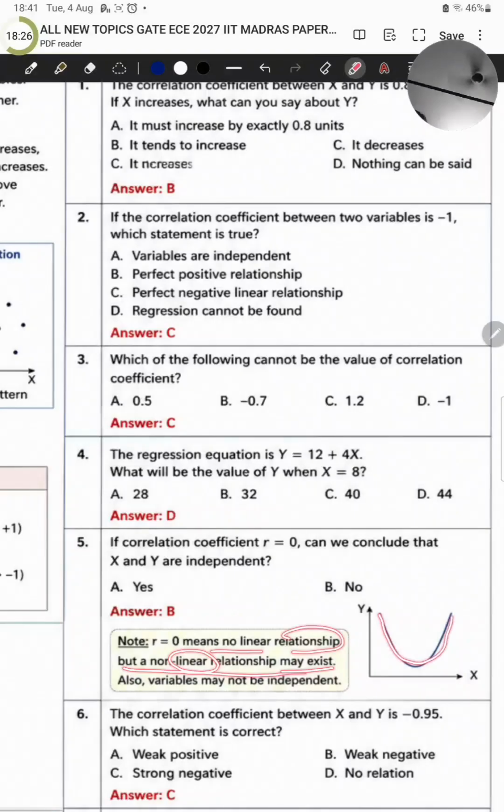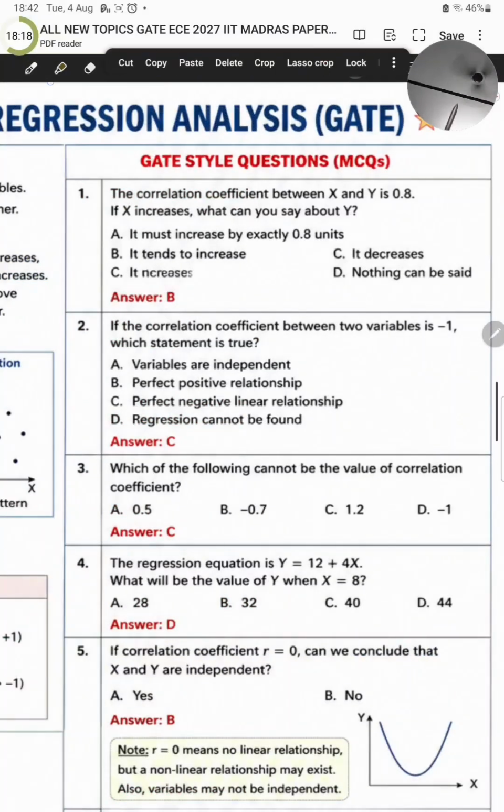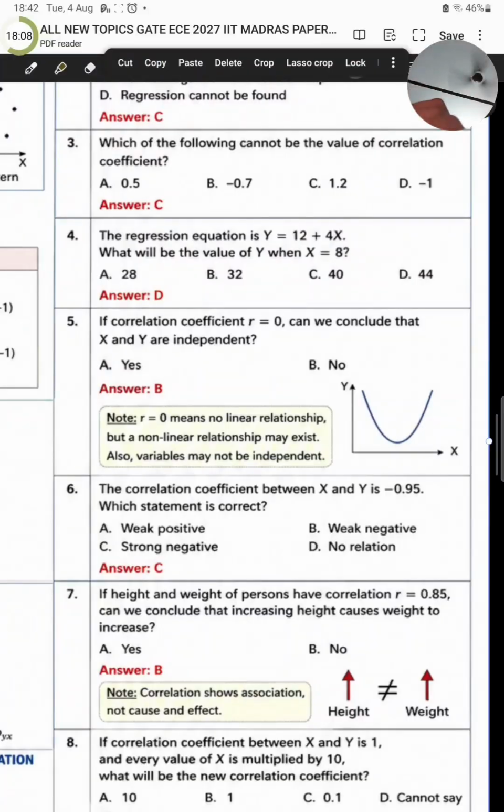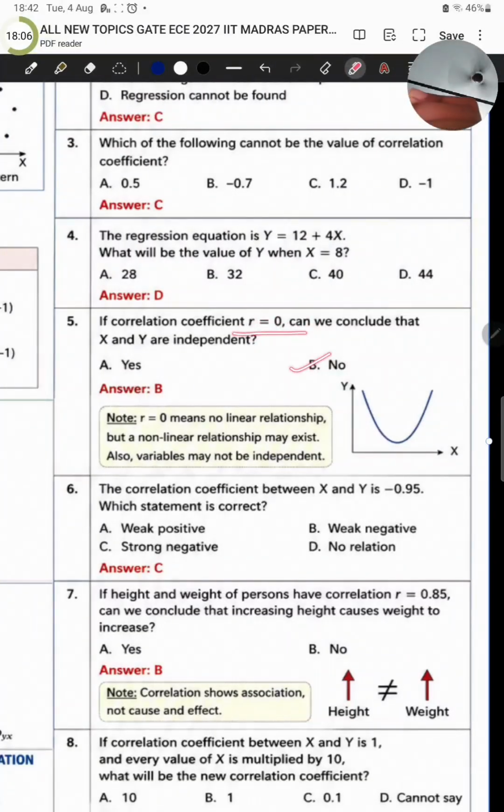That is also a relationship, so the variables may not be independent. They can be dependent with some complex relation. So if r equals 0, that does not mean they are independent. They may depend on each other.